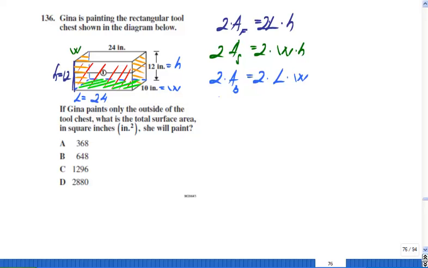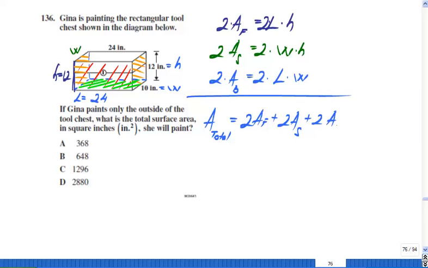Length times W, and all you have to do is add them up to find the total surface area, right? It will be 2 times the area of the front and back, plus 2 times the area of the sides, plus 2 times the area of the bottom and top, which gives you what? 2 times, and you can take that 2 as a common factor, and then you will be left only with the area of each one of the surfaces.